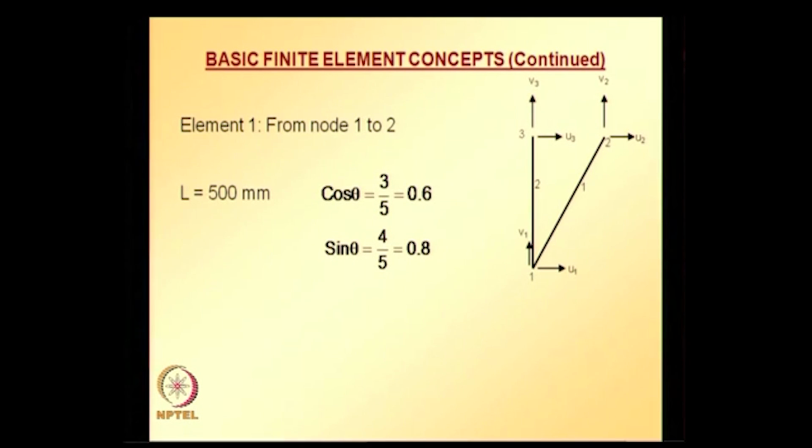The coordinates of the ends of element 1 can easily be calculated, or looking at the geometry we can easily find the angle between global x axis and local x axis for element 1: cos of that angle is equal to 0.6, and sine of the angle is 0.8.